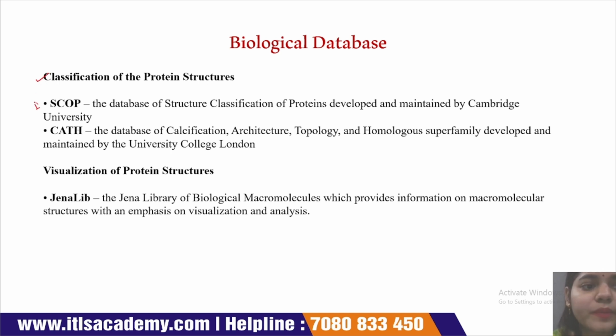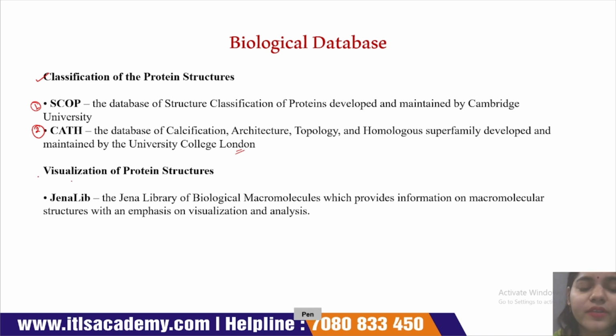First is SCOP, second is CATH. SCOP, the database of structural classification of proteins, developed and maintained by Cambridge University. Next is the CATH, the database of class, architecture, topology, homologous family, developed and maintained by University College London.